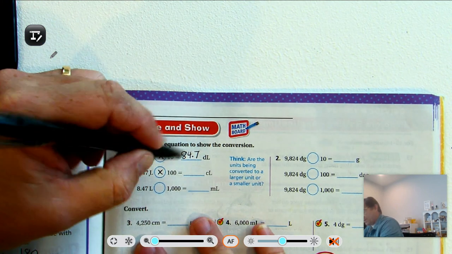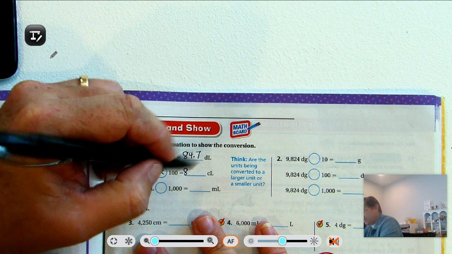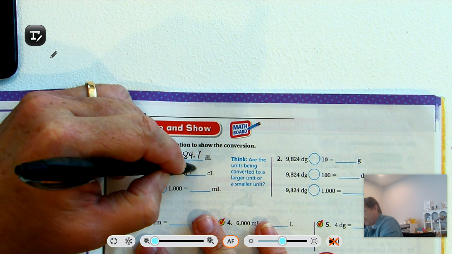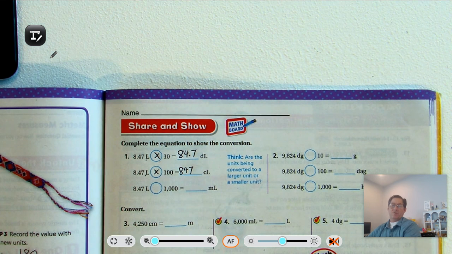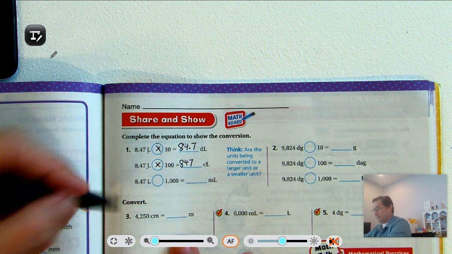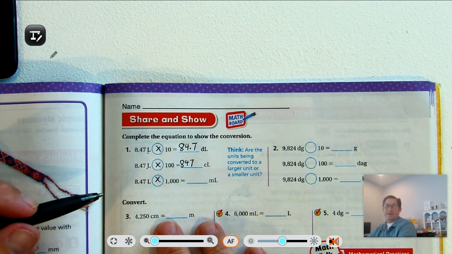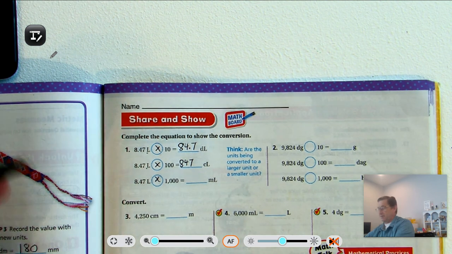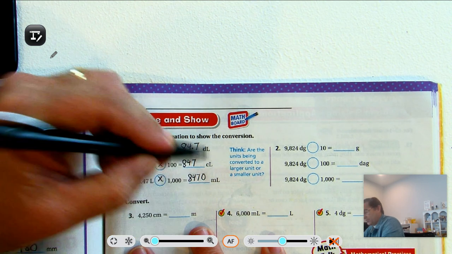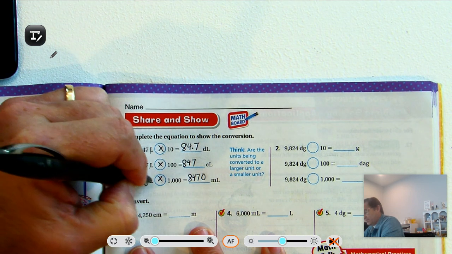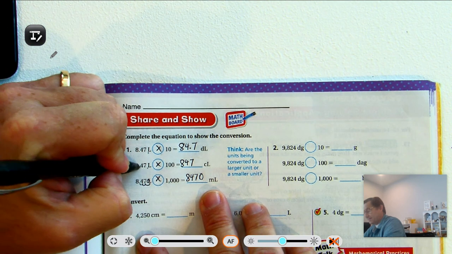So 8.47 liters is 847 centiliters. And if we were going to go from liters to milliliters, we would have to multiply by 1,000 because there are 1,000 milliliters in every liter. So we'd move the decimal point 3 places to the right, which means we'd have to add a 0: 8,470.